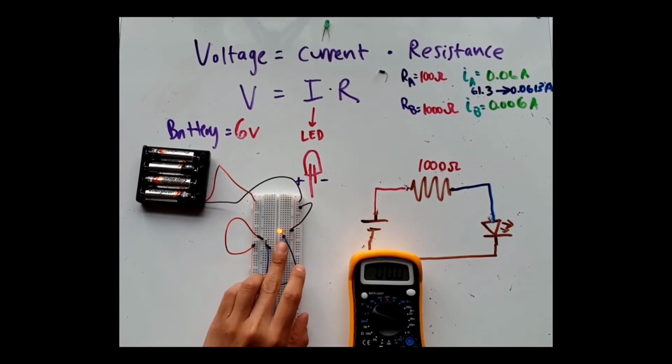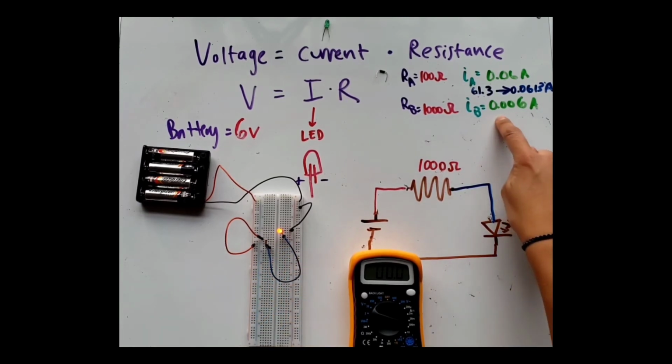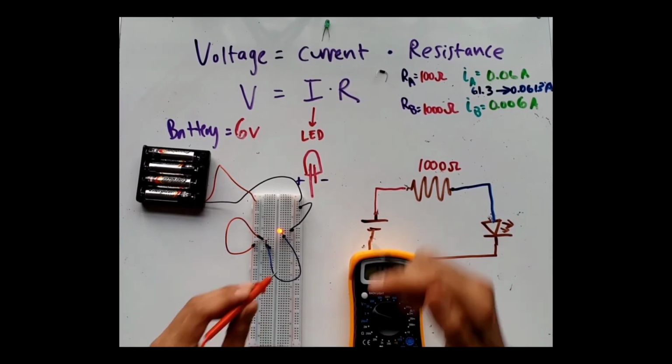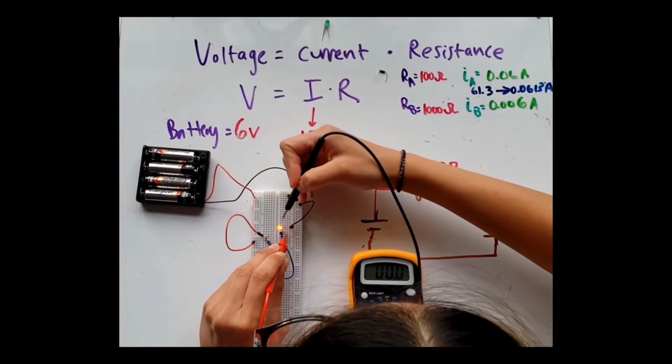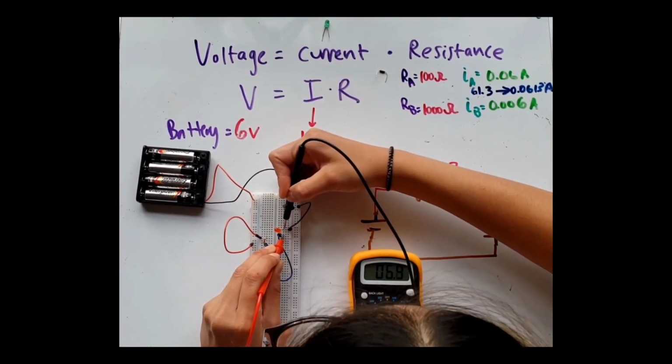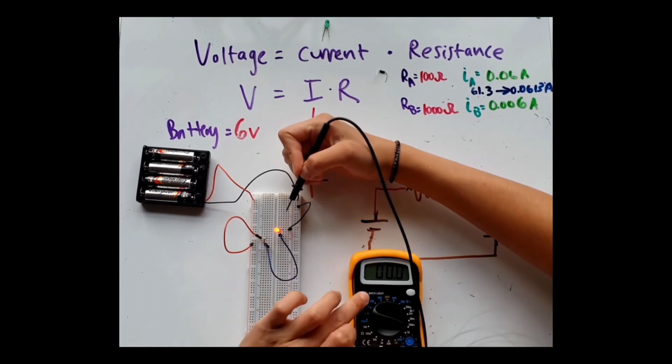Boom. What does that look like? What did you notice? The light is dimmer. The current is smaller. So when I measure it, I should be expecting to see a smaller number to represent the smaller current, right? Here I am. I touch one side, touch the other side, and now what do I get? 6.2, right?